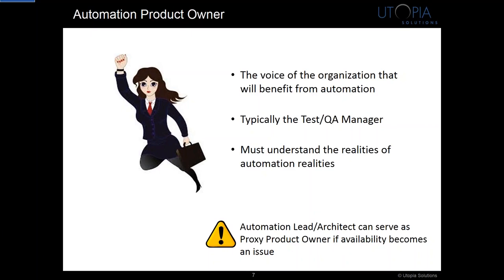Someone that can keep the team honest with respect to Agile processes, and not just turn the implementation into a waterfall implementation that happens to be delivered in small iterations. And typically the Scrum Master is played by the automation architect or the automation lead, at least again in our implementations. It doesn't have to be though.